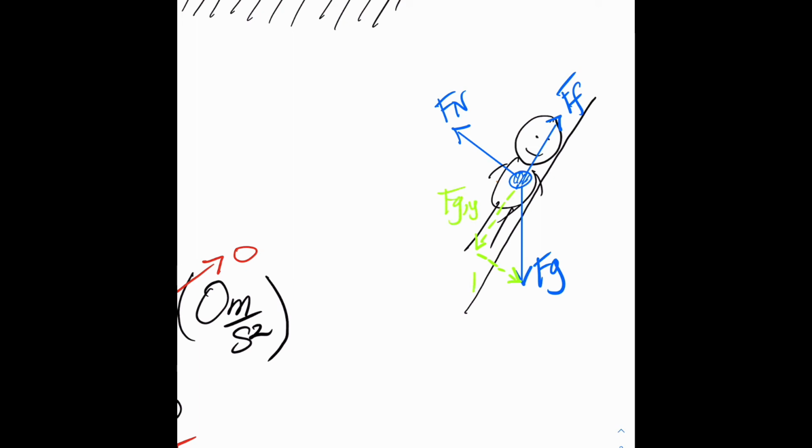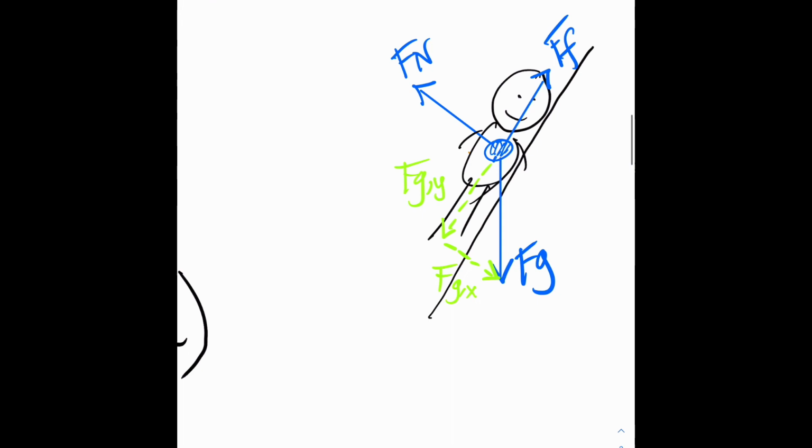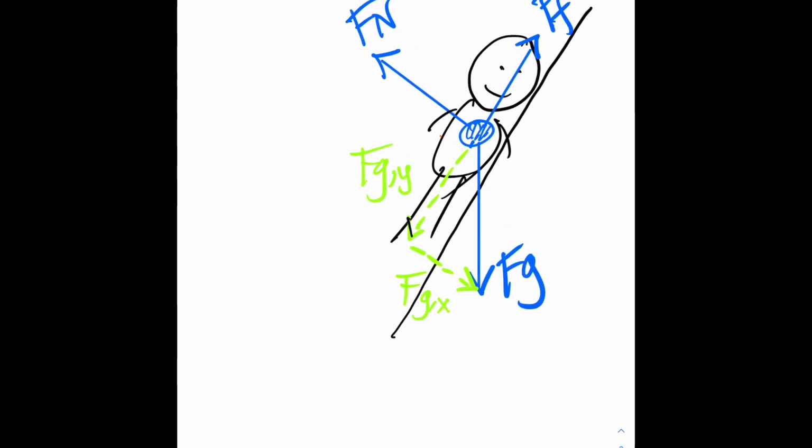You can tell that friction only has to overcome FGY now instead of all of FG, which is the hypotenuse of this triangle, the longest side. So less friction is required on the Gravitron when it's tilted at an angle like this.